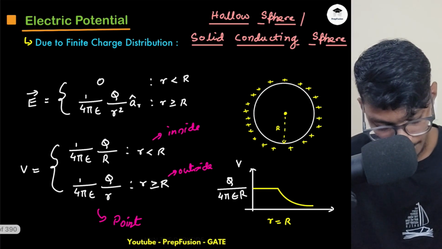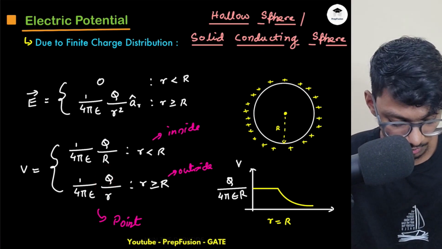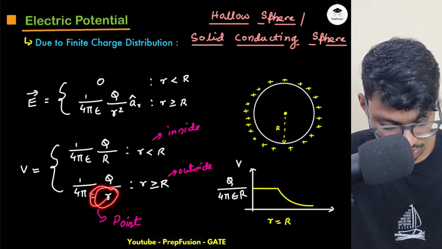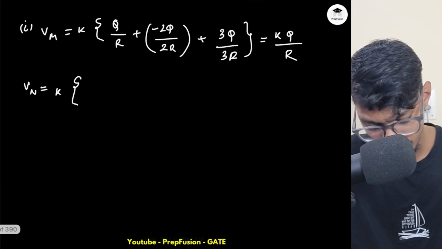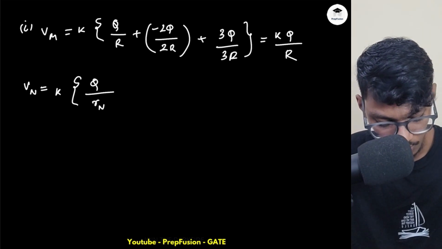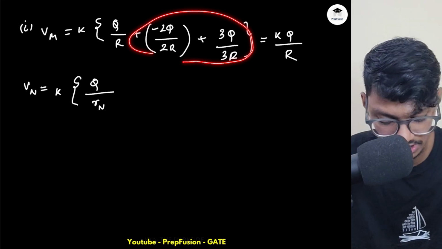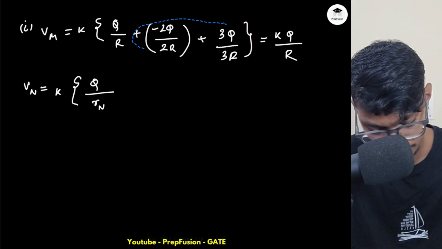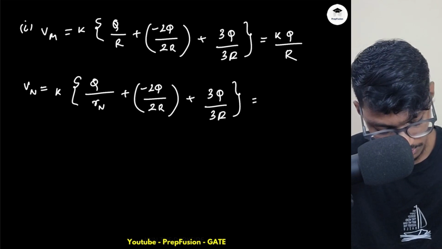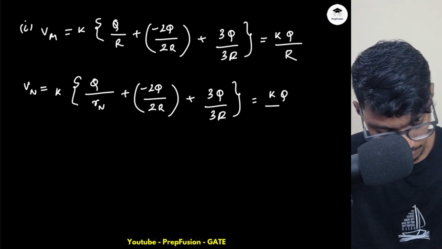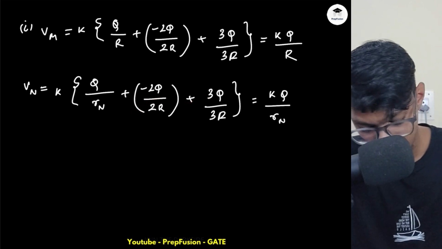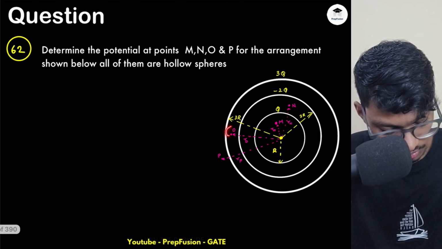This time Q will be in the numerator, but in the denominator, instead of the radius of the sphere, it will change to the distance from the center. So it will be Q by Rn. The rest will be the same because I am still inside the other two spheres. So this will become KQ by small Rn, because this and this get cancelled. Now what about the point O?